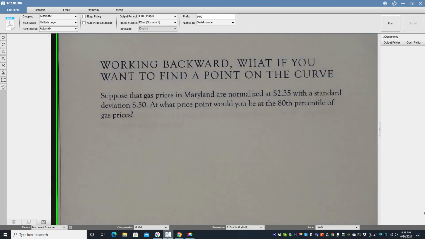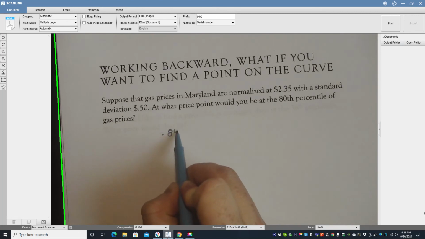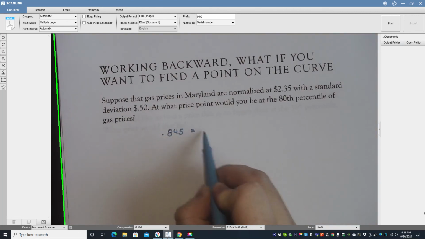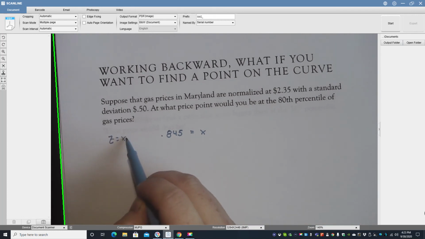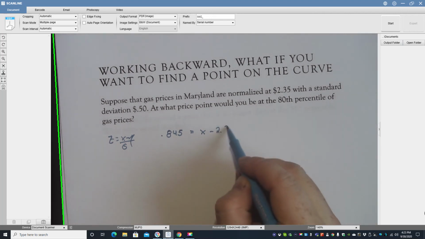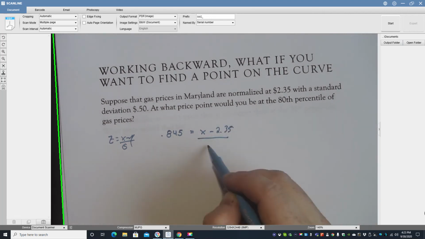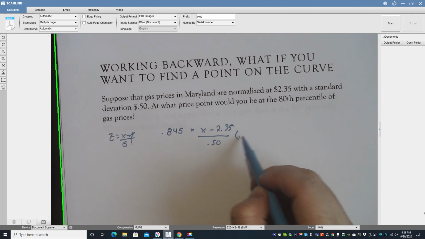And then I would set up my formula. So this is my previous z-score formula to solve for x. And then we would have to do everyone's favorite thing in the world, algebra. So I'd have to solve for x.